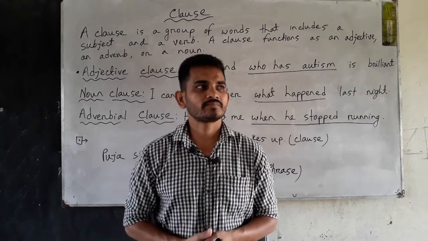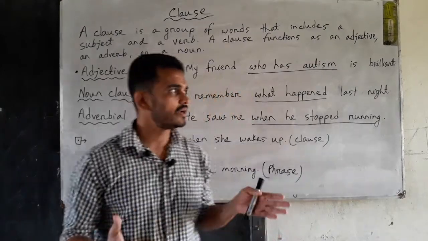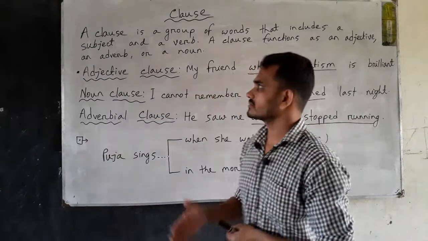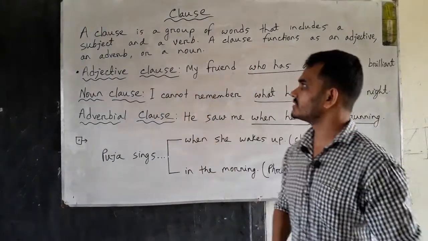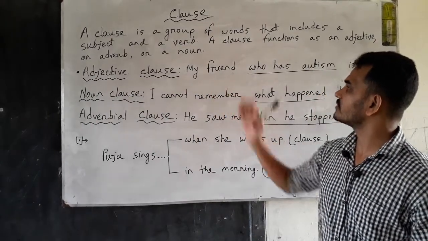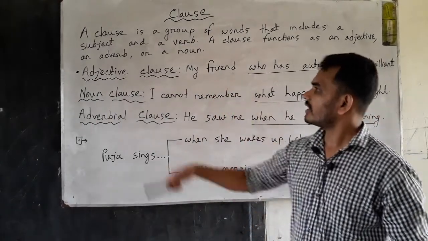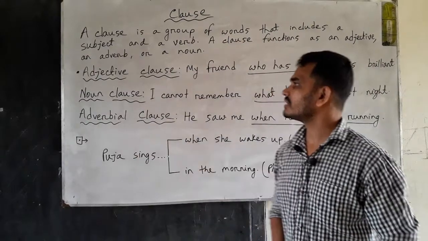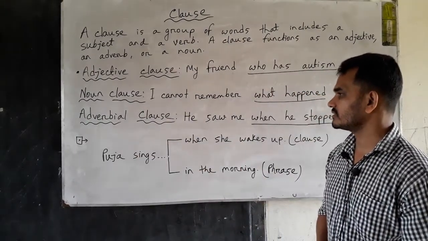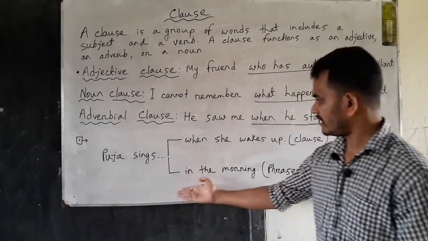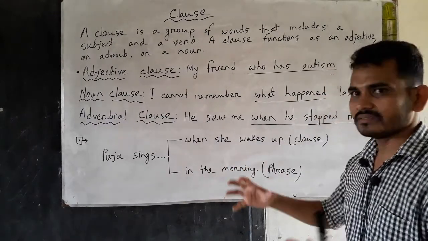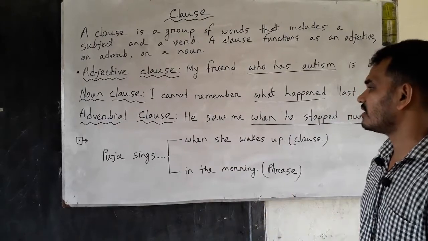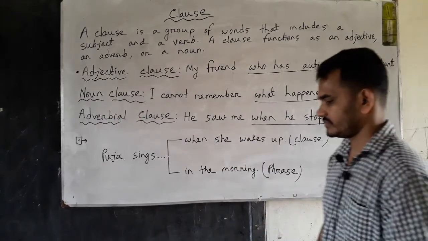Dear learners, here I wrote adjective clause and I also gave an example, and also I wrote noun clause, adverbial clause, and at the very end I showed the difference between a phrase and a clause.